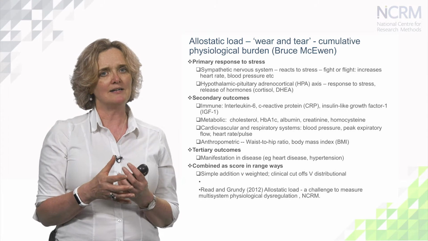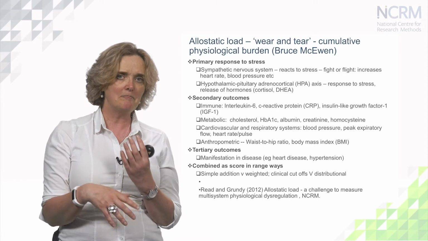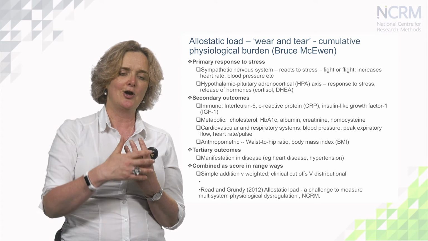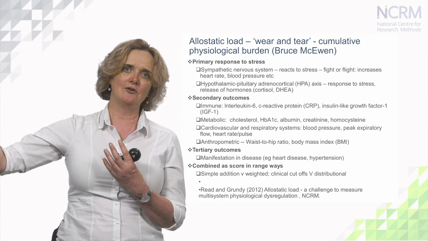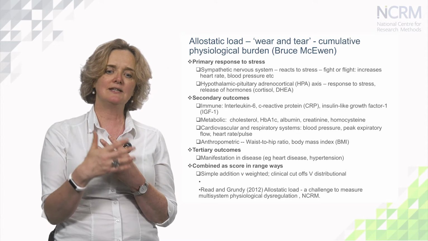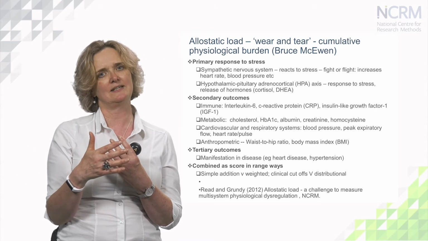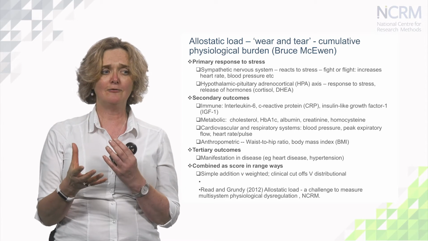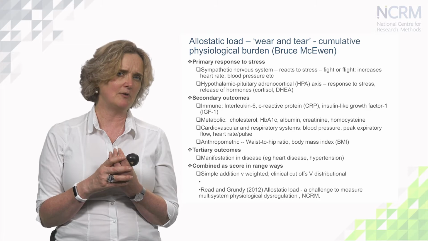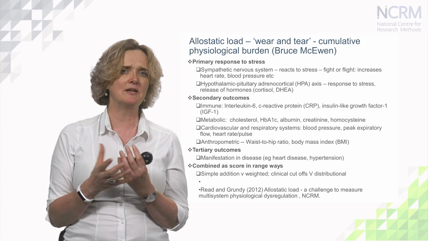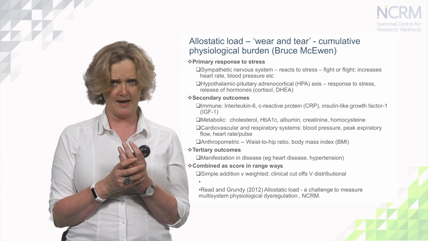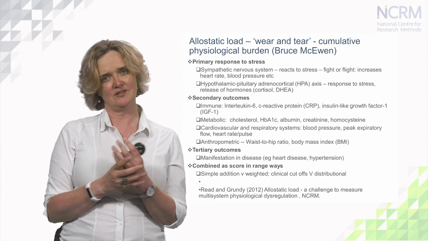But what we find is that however these people might measure it in their study, there's a really consistent pattern of increasing allostatic load as you look at increasing ways of measuring disadvantage over time in people's lives. So while there may be some debate about how we measure it, it seems to be a really good way of capturing this physiological burden or wear and tear on the body that's associated with social stress.